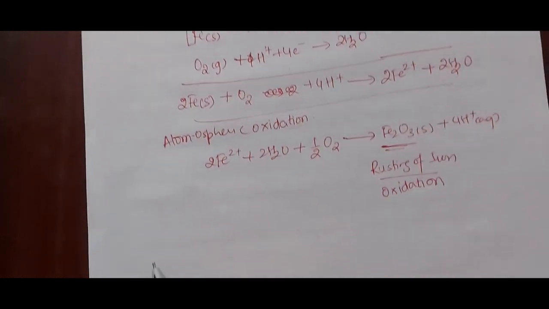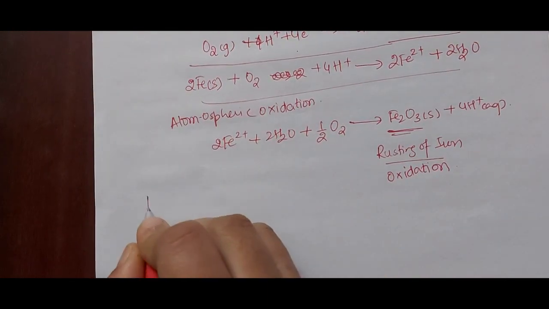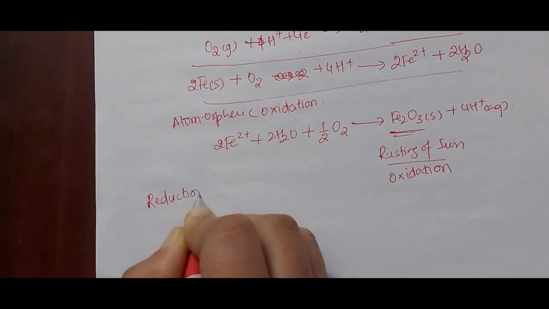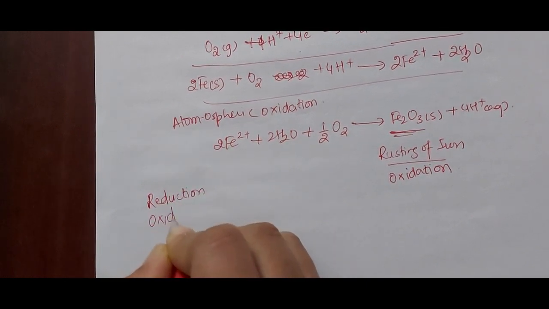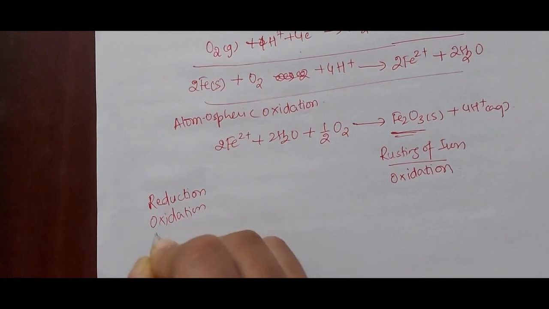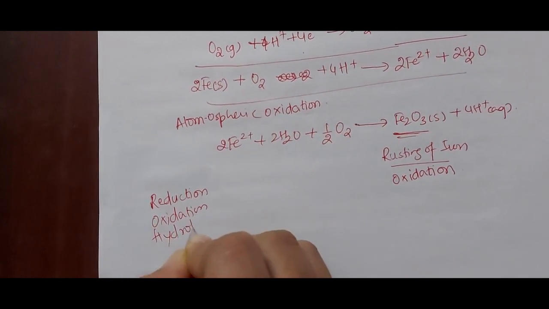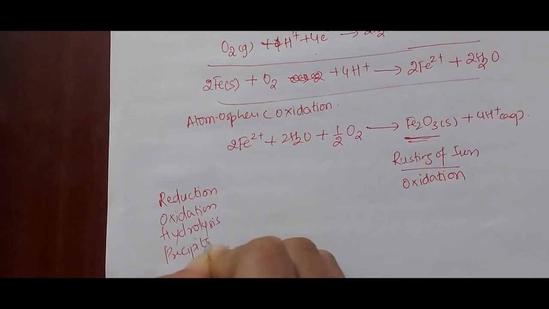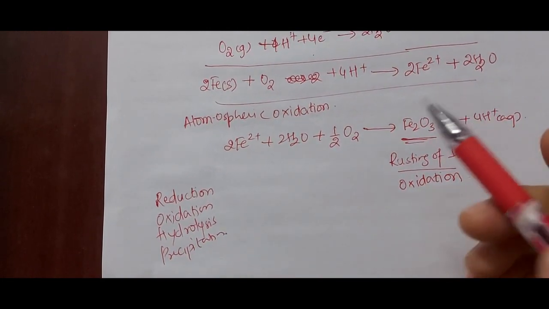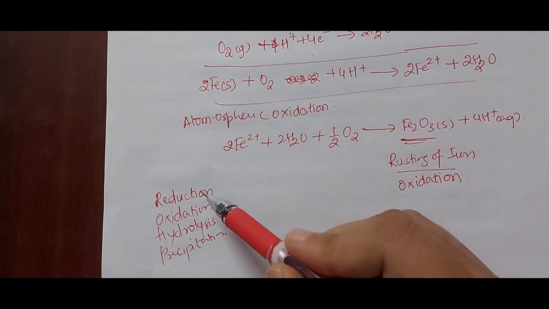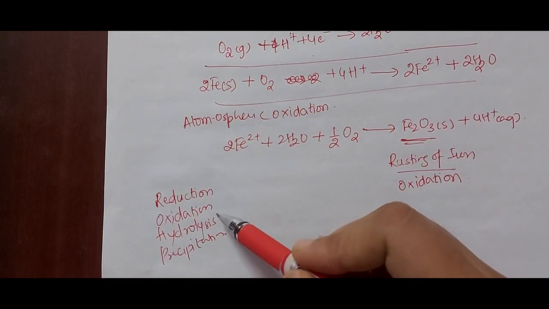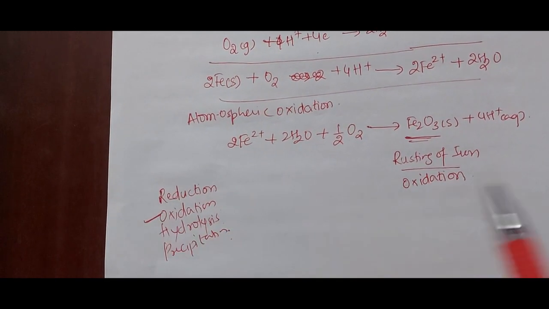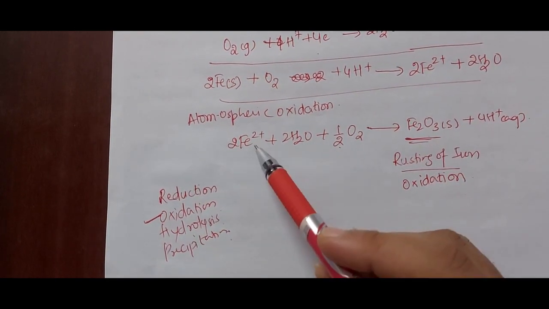You may get a question on this: rusting of iron, is it a reduction reaction, oxidation reaction, hydrolysis reaction or precipitation reaction? We know that rusting of iron includes both oxidation and reduction, but here they have given only reduction, oxidation, hydrolysis or precipitation. So the correct answer is oxidation, because rust is obtained by oxidation of the iron.